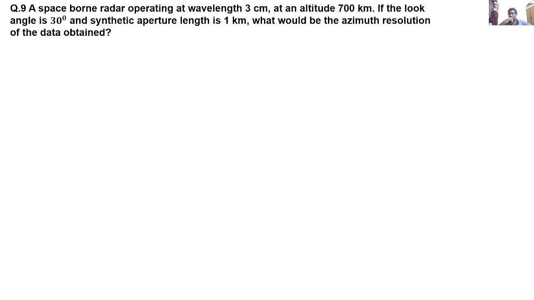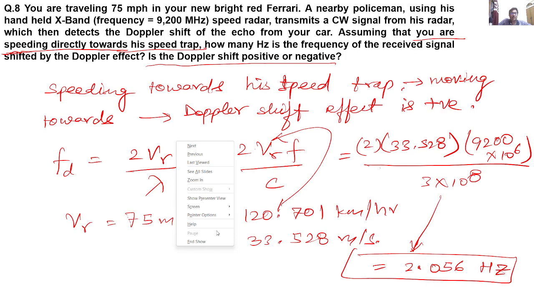Now, okay, now comes the question about azimuth resolution and ground resolution. So let me just give some concepts about it before moving into it. But I would just like to know, is there any doubt so far in whatever I've discussed?